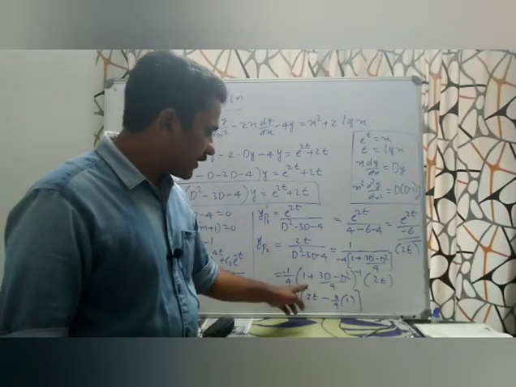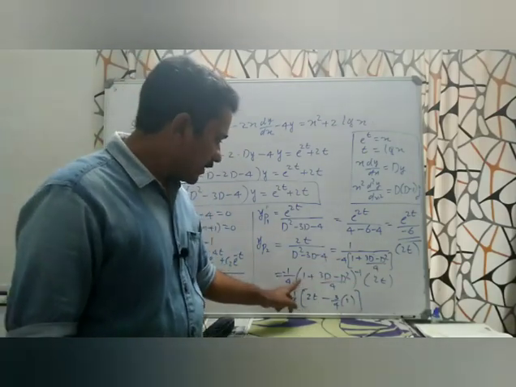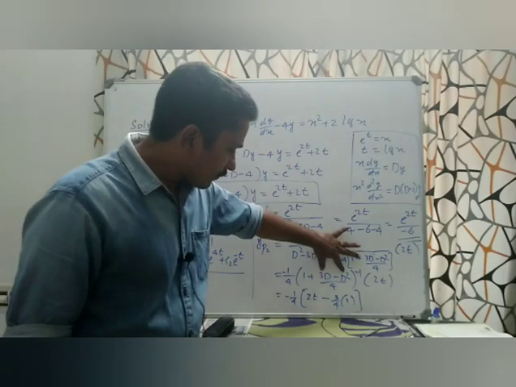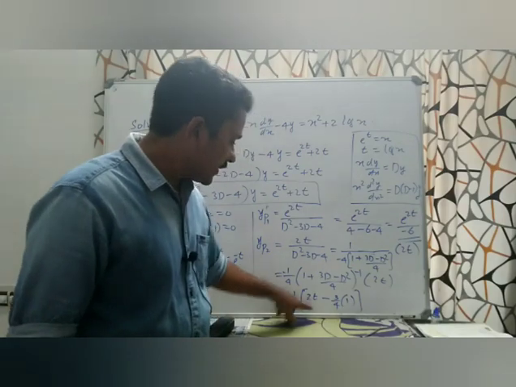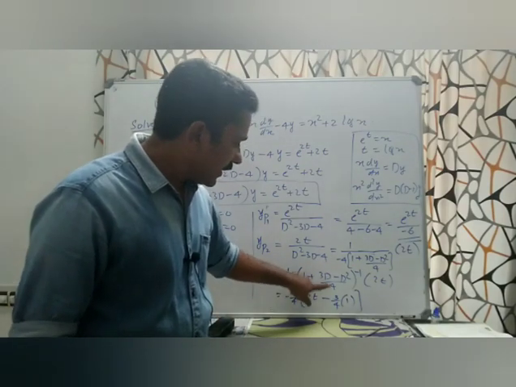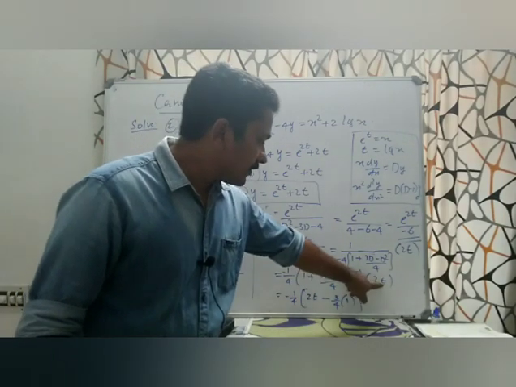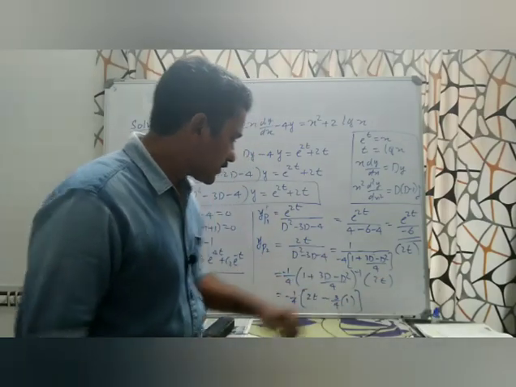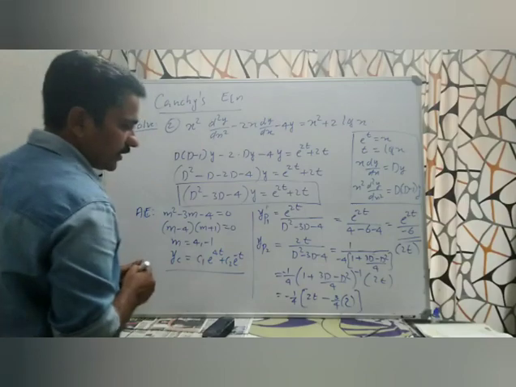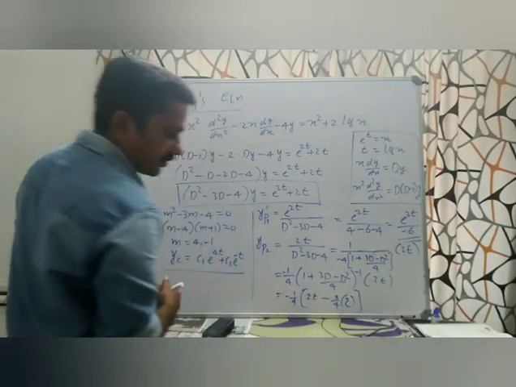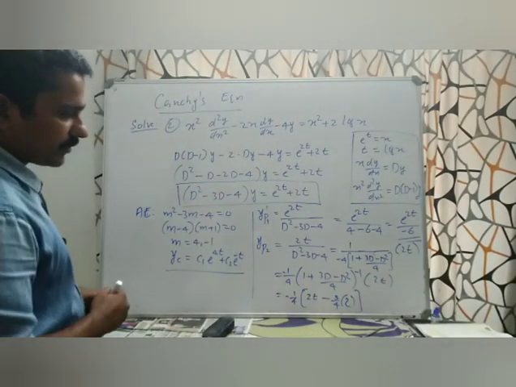When expanded, it's actually enough to write only one term. 1 minus this term. So 1 times 2t is 2t. Then 3D over 4. That means derivative of 2t, which is just 2. So you'll get minus 3 by 4 of 2, and that is what you will get.